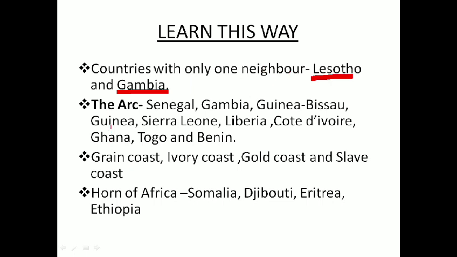Now the arc. The arc is in the Africa continent. If you see right below Mauritania, you will find an arc.